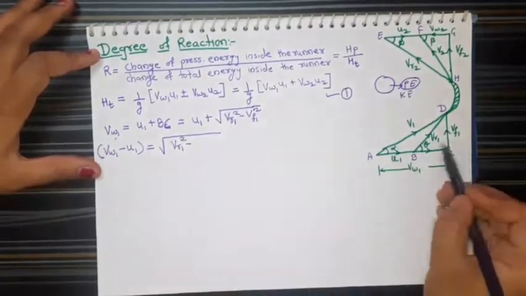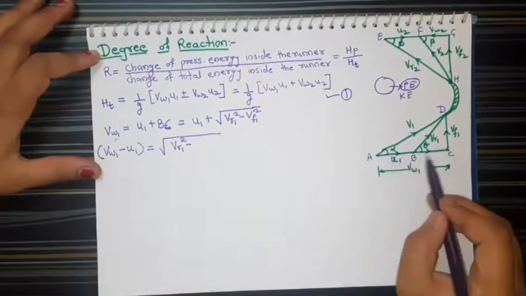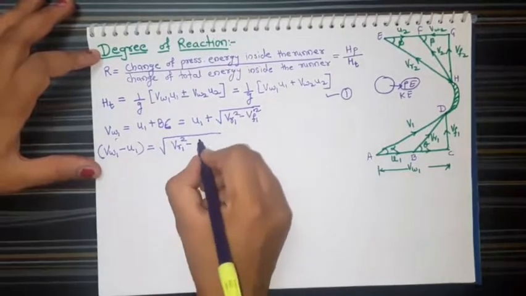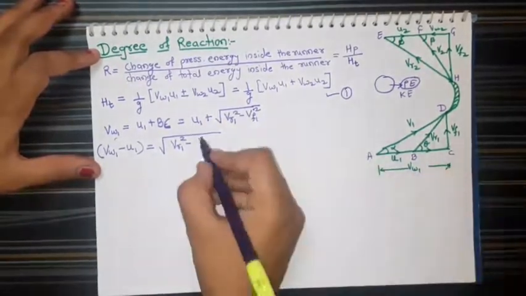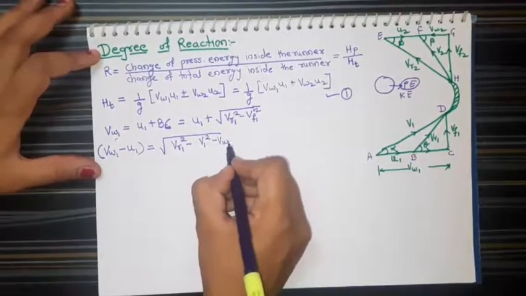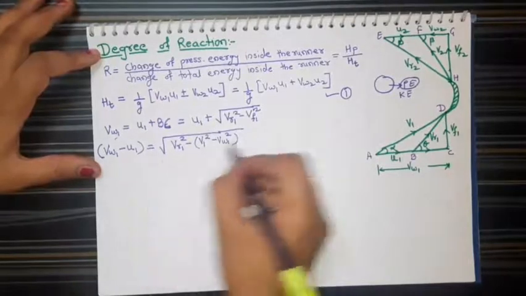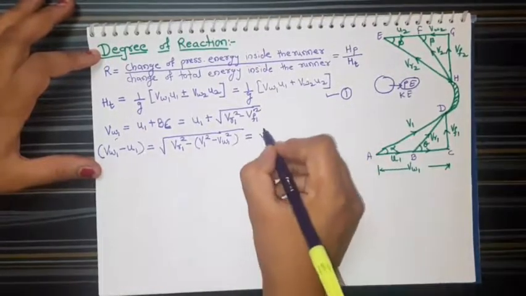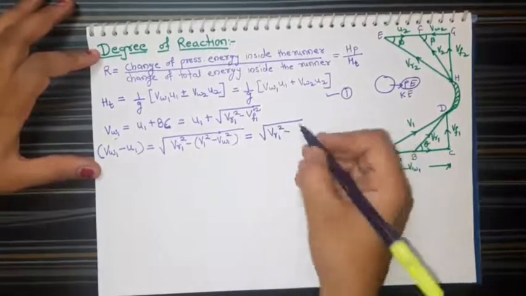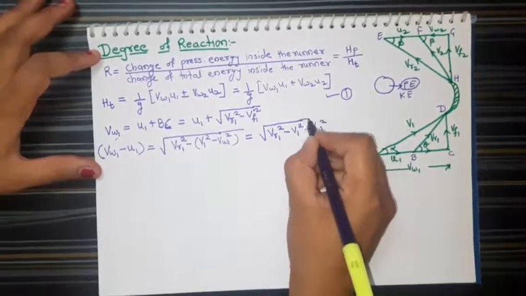Again for VF1, let's take the right angle triangle ADC, and from this VF1 square will be equal to V1 square minus VW1 square, which we can write as the square root of VR1 square minus V1 square plus VW1 square.